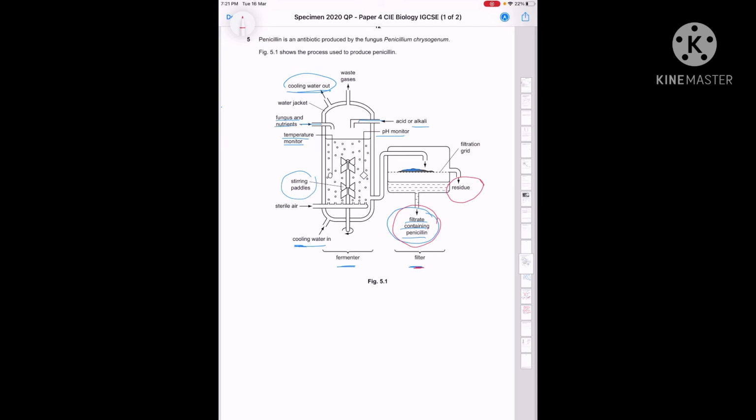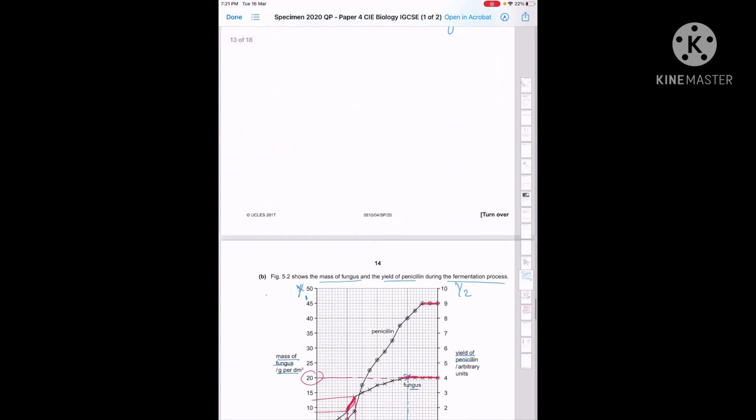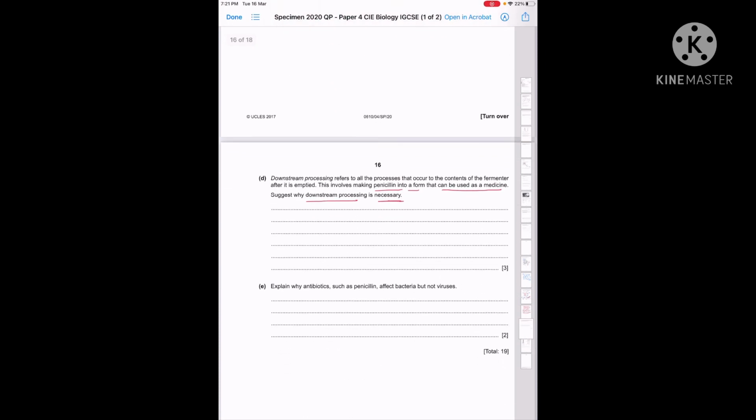Where you're trying to purify the penicillin, remove the waste and the toxins, products resulting from the fungus, and then try to give it a good shape, okay, make it into pill or into syrup. So that's why this downstream processing is very, very important.